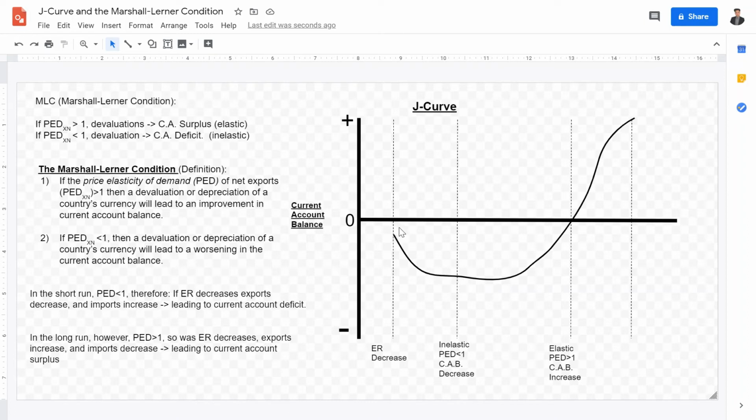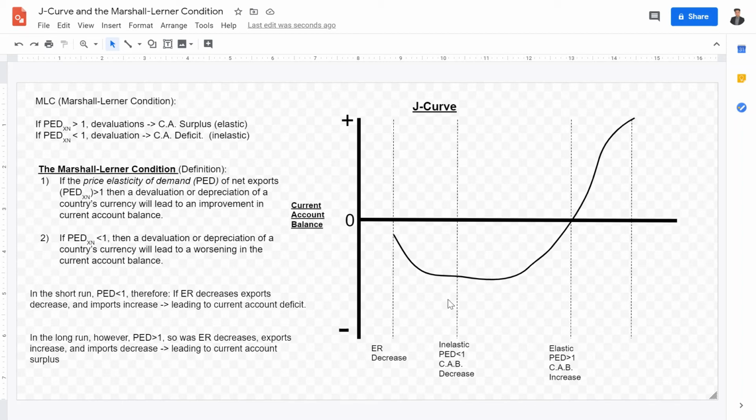However, the effects and consequences of a lower, weakened exchange rate will affect people. So in the short run, the benefits of a lower exchange rate have not kicked in. However, the negative consequences of a weaker exchange rate have already been accounted for. That is why the inelastic demand of net exports will occur, leading to this downward sloping J-curve.